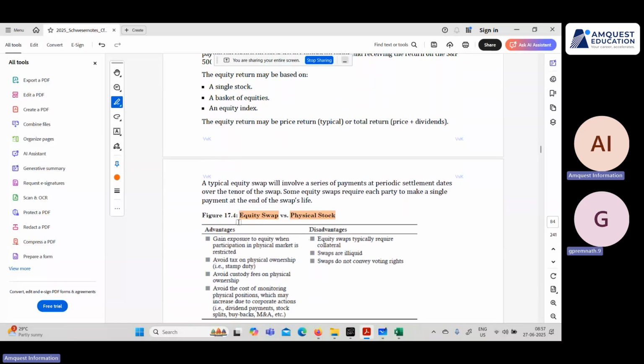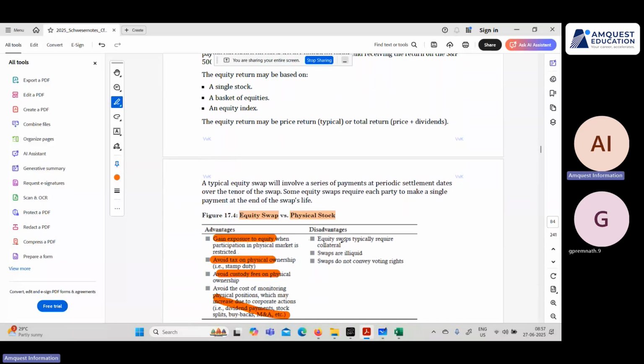If you get a swap, you gain the exposure, but you also avoid tax. You don't have to pay custody fees or any kind of fees, and you avoid the cost of monitoring the physical position, such as corporate actions: dividend payments, splits, buybacks, M&A. I don't have to monitor any of those things because all I need is the return on that equity that I'm going to receive.